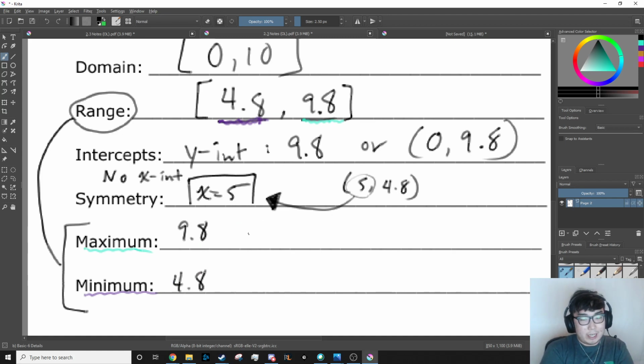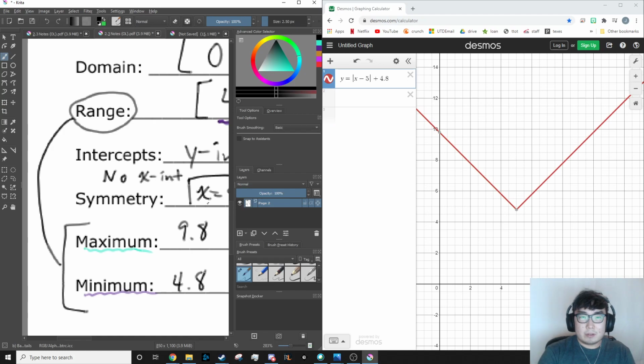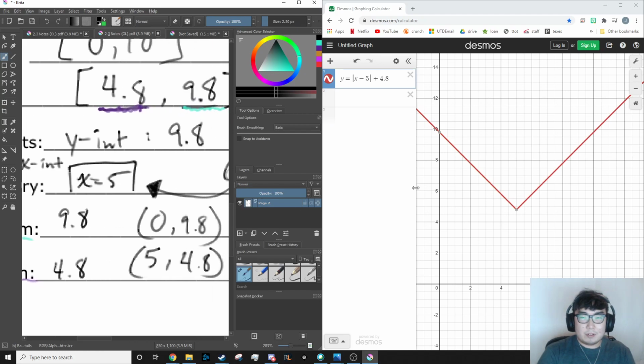I can also write it as (0, 9.8), and I can write this as (5, 4.8), because I know in my graph, (0, 9.8) is where 9.8 exists. I know that 4.8 is where it exists. But if I really wanted to be specific, is there any other opportunity within those 10 seconds that you get 9.8 as your height?